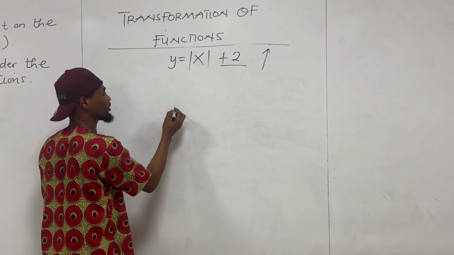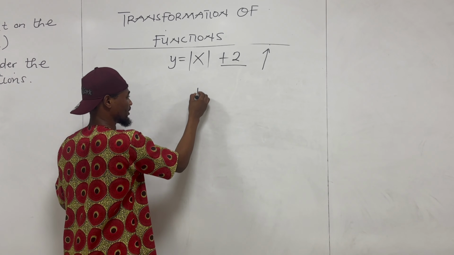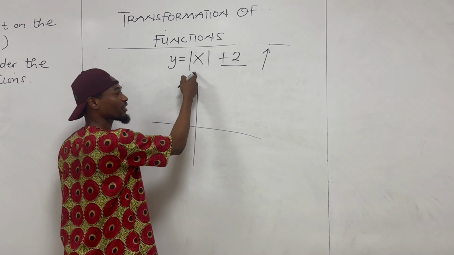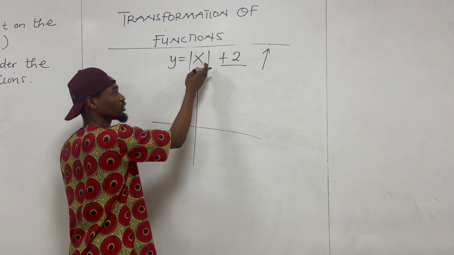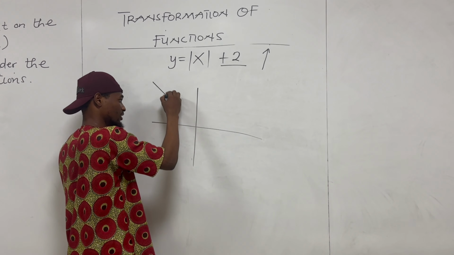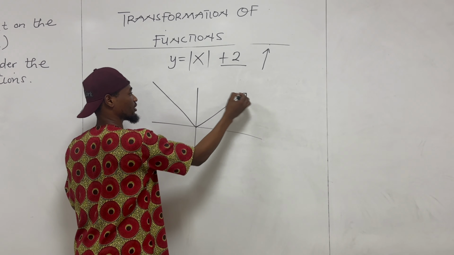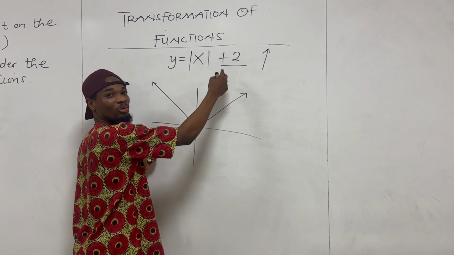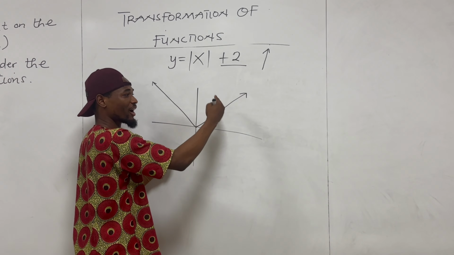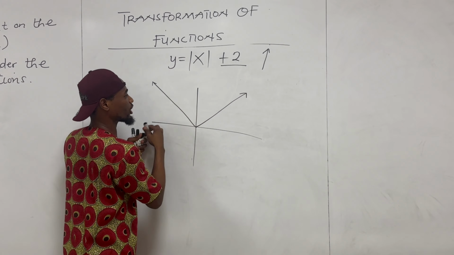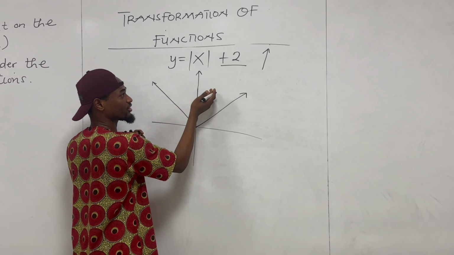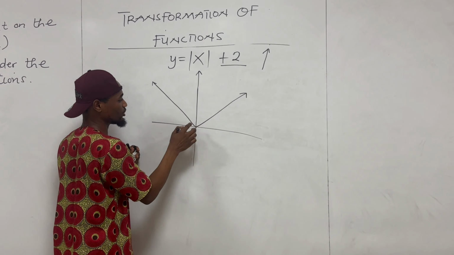We know that the graph of the absolute value of x is this way, and plus 2 means vertically upwards by a unit of 2. So we shift this to the top part of my xy graph, since it is vertical.